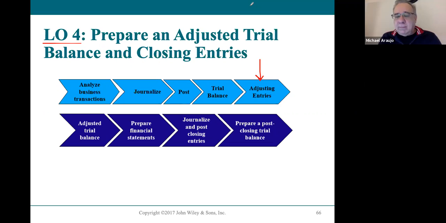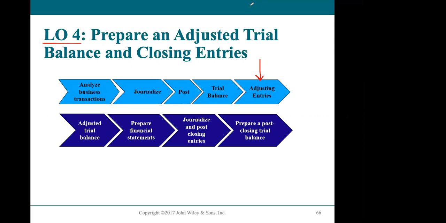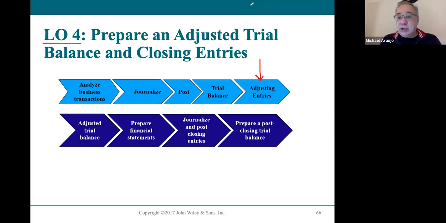The third adjustment we did, Elizabeth, was depreciation, where we had to adjust the equipment. Do you remember the adjusting entry we had to do for depreciation? Depreciation expense, yes, and we had to do the accumulated depreciation for equipment.